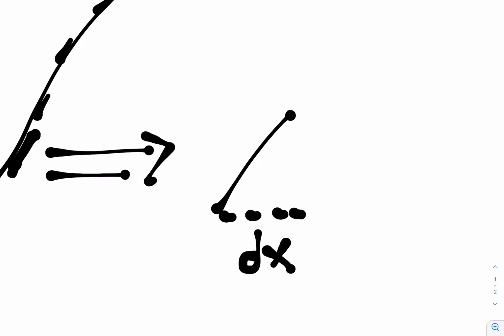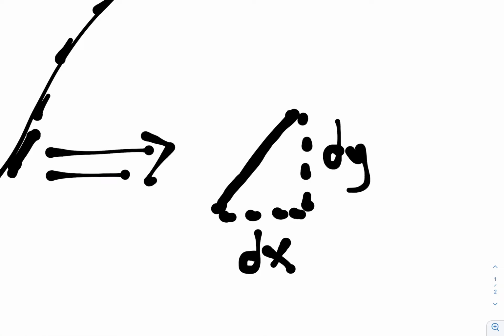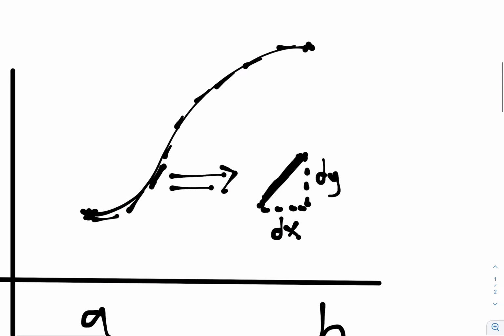If this was the amount we changed in our length, that's going to correspond to how much we change in the x direction, dx, and how much we change in the y direction, dy. If these changes are infinitely small, we're going to get an infinitely small change in our length. And if we add up an infinite number of infinitely small changes in length, that's going to give us the net change in length in total of this entire curve from some interval.